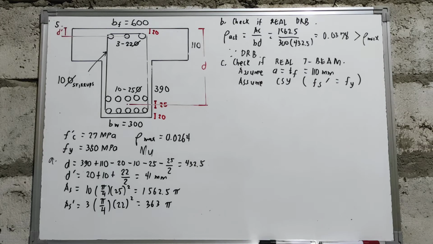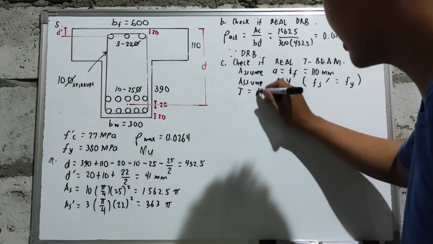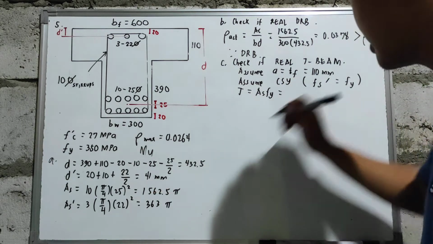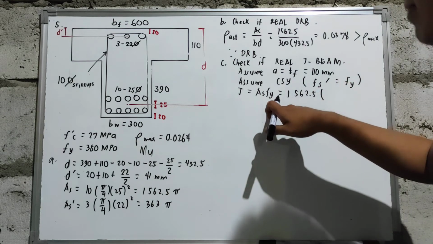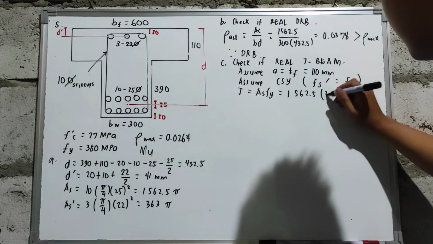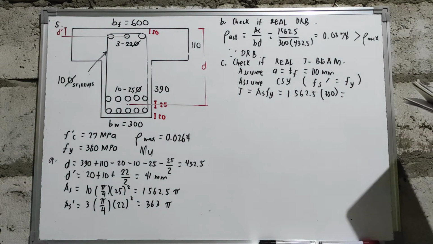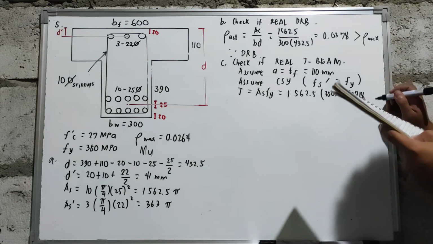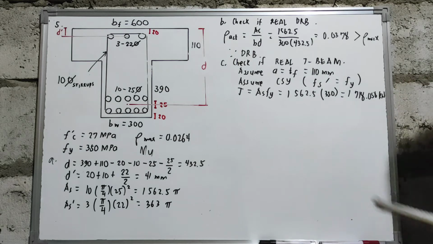So kunin muna natin yung value ng tension natin. So yung tensile force natin, that is AS Fy. So the value of your AS is 1,562.5 multiplied by Fy, which is equal to 350. So you have a value of your tensile force, which is equal to 1,718.058 kilonewton.